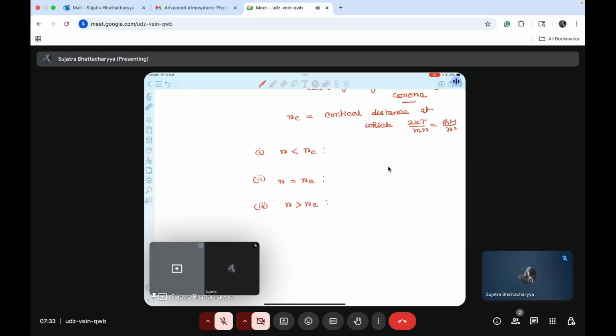At r less than rc, we have already seen this: 2kT upon mr is less than GM by r square. Gravity dominates, and the right hand side is negative. Here the sun's gravity dominates.